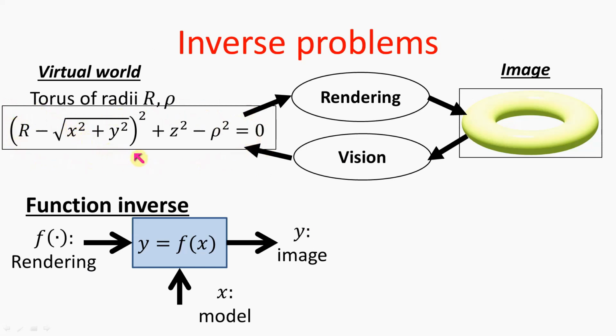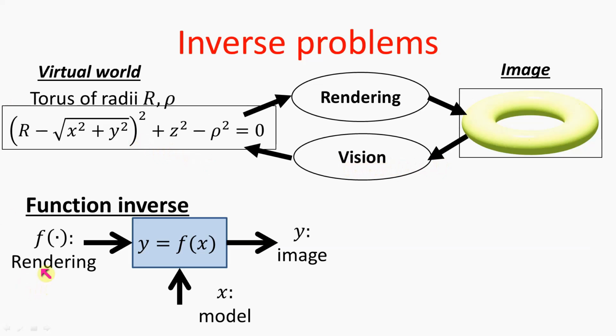From this definition, using the visualization or rendering process, we should calculate an image that is displayed on the computer screen. The inverse problem of graphics gets the image, and we expect the inverse problem called vision to restore the original objects and their equations.